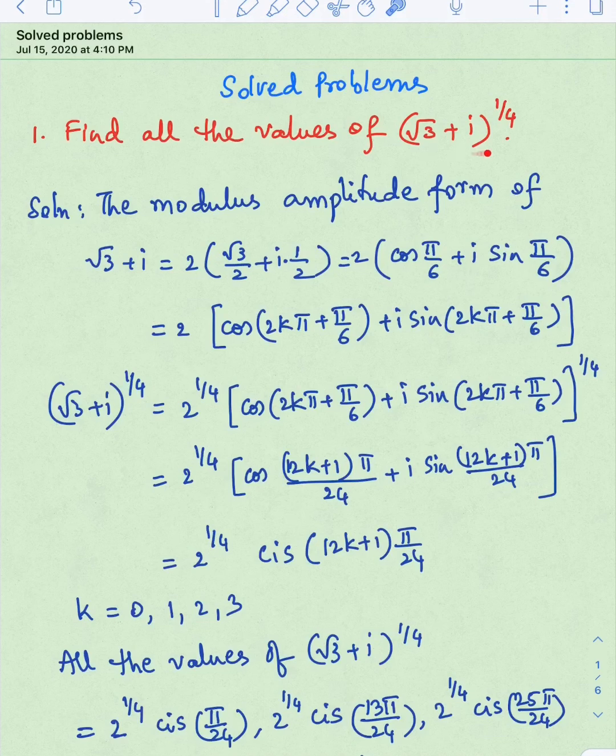What is asked in the question? Fourth roots. 1 by 4 means fourth root. Fourth root means only 4 roots from 0. That's why 0, 1, 2, 3 are applied in it.